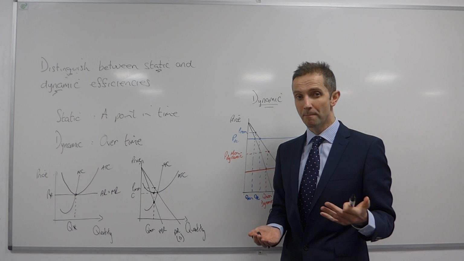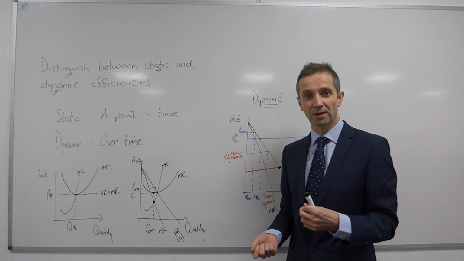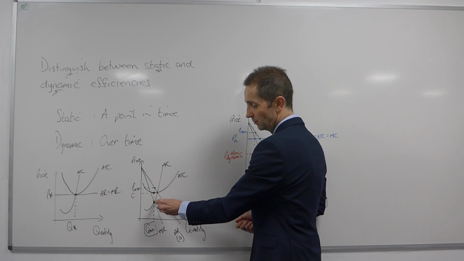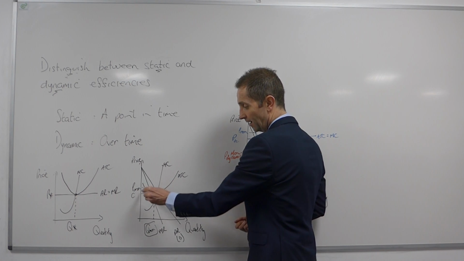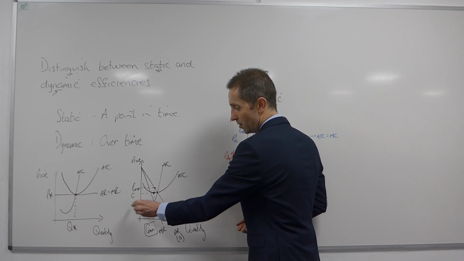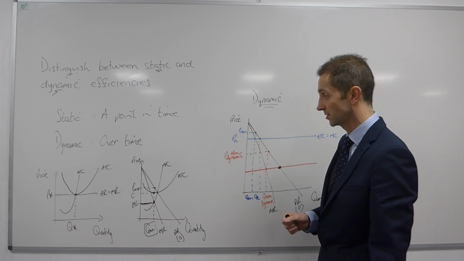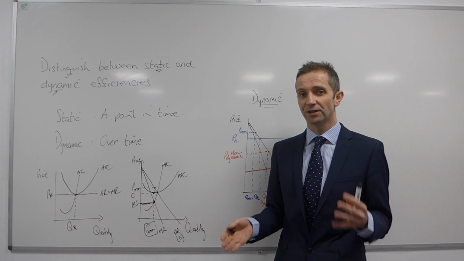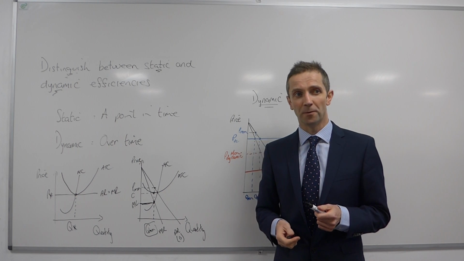Well, no. We know that MC equals MR gives us the profit maximizing output level, QMON, giving us a price determined by the demand curve there. But the key point is that marginal cost is there, so price is greater than marginal cost. So at a point in time, the monopolist is not as efficient as the perfectly competitive firm.